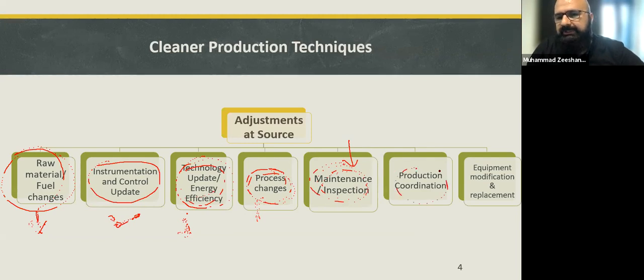Similarly, production coordination is also an important technique we use for cleaner production. Larger industries like petrochemicals, cement and oil refineries are big units, and they are divided into smaller units. For example, boilers are combined in one unit.